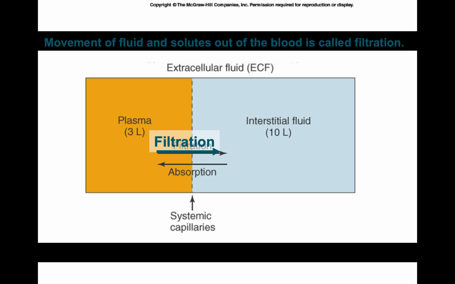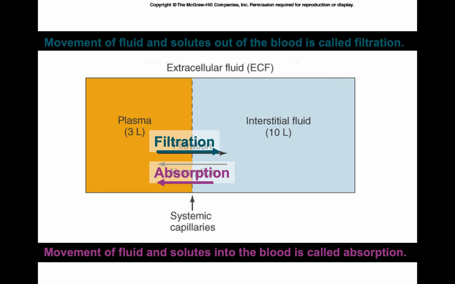So the movement of fluid and solutes out of the blood, out of these capillaries, is called filtration. Anytime you're drawing fluid into the capillaries, that's called absorption. Movement of fluid and solutes into the blood is called absorption.